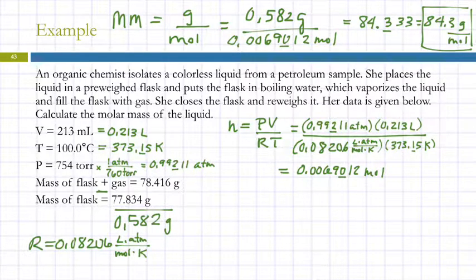I want you to know how to follow the sig figs all the way through and do it correctly. But second best is to at least get in the ballpark of the right number of sig figs. You'll notice that a lot of these problems end up with 3 sig figs in the answer. Most problems that you're given are going to have 3 or 4 sig figs because of our starting numbers.